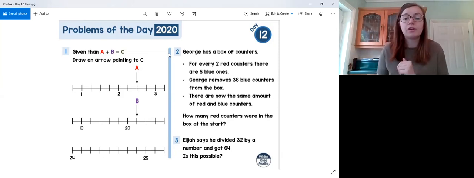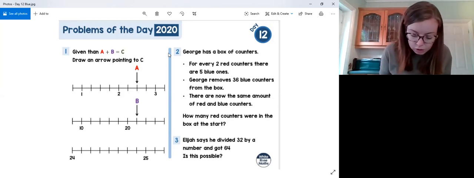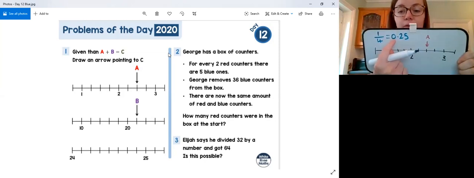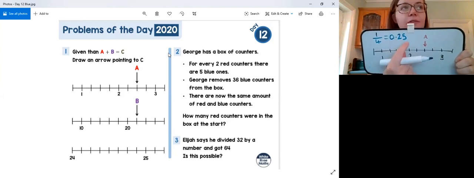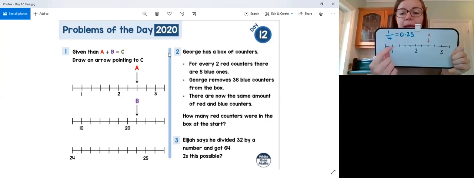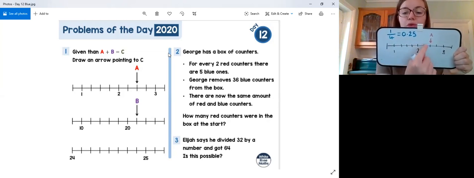So half of 100 is 50, and half of 50 is 25. So 1/4 is the same as 25 hundredths, which as a decimal is 0 units, and then 2 tenths and 5 hundredths, or 25 hundredths. So each jump here is worth 0.25.